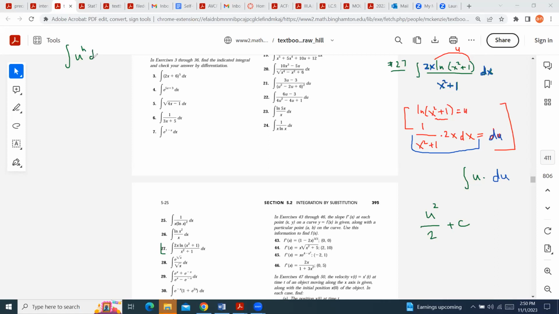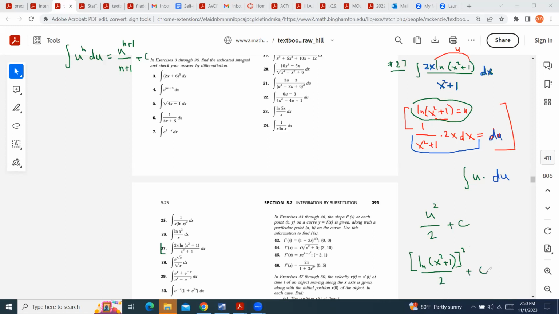If you have the nth power of a variable, doesn't matter x or u, whatever you like to call it, then when you take the antiderivative, the power increases by 1, and that same exact power will be in our denominator. So instead of u, I have to return back to my substitution, and whatever it is, I'll just square it. So we get ln of x squared plus 1, and this is also squared. And then I divide this by 2 and add the constant.